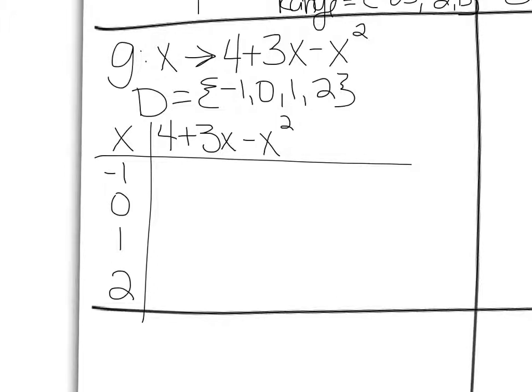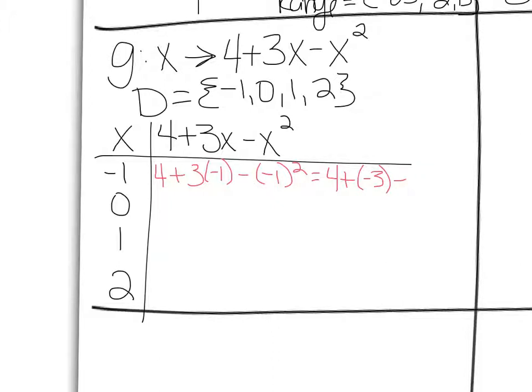Anywhere you see an x, you've got to replace that with a -1. So I have 4 plus 3 times -1 minus -1 squared. I'm also going to recommend the use of parentheses because they're going to be very handy. Okay, so if we simplify the things we know, 4 plus 3 times -1 gives me -3 minus -1 squared. What is -1 squared?